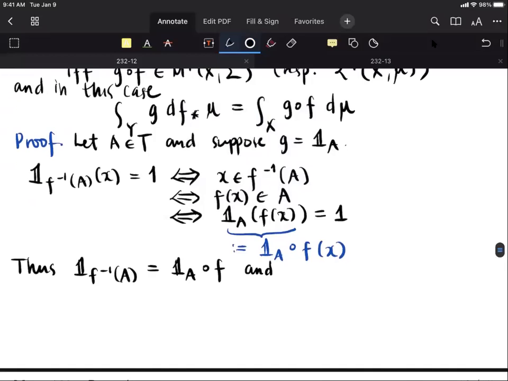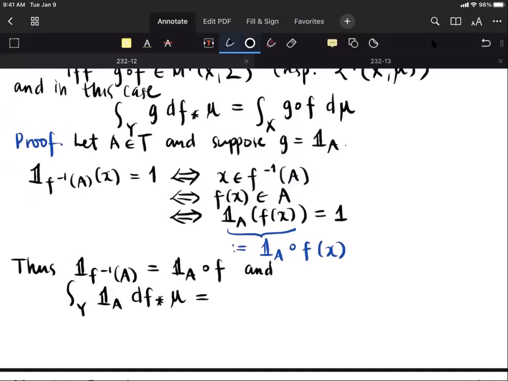And therefore, we want to prove this in the case where g is the characteristic function. So replacing g by the characteristic function, take note that we are integrating a simple function.